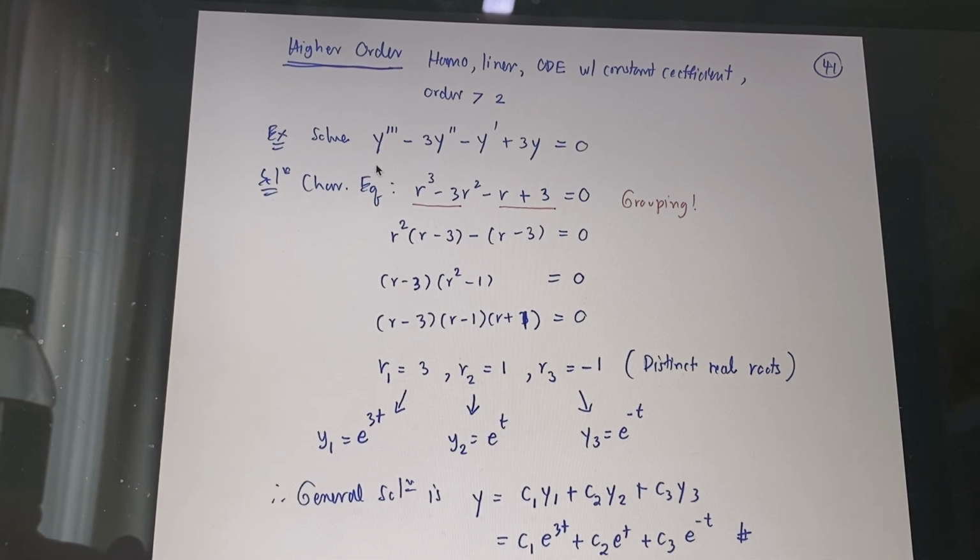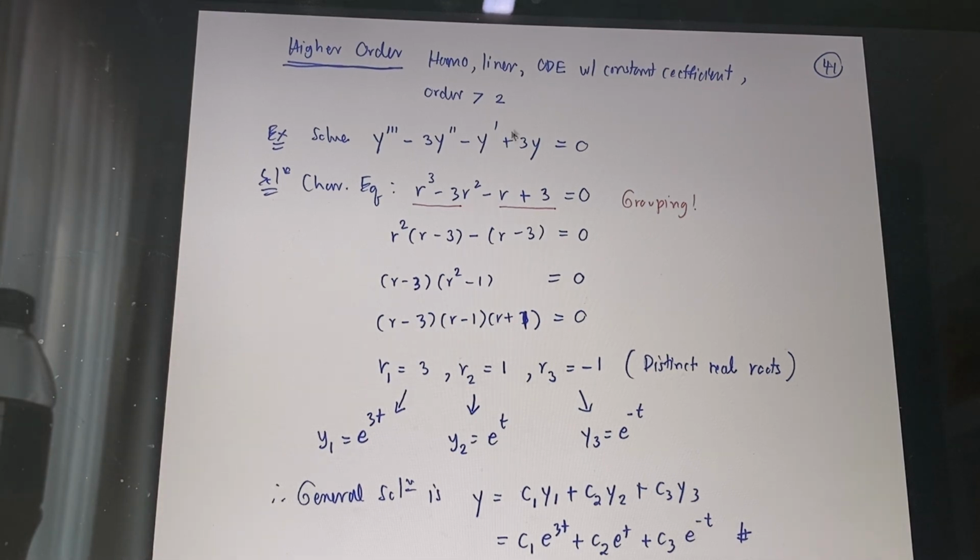Let's see the first example. We want to solve y triple prime minus 3y double prime minus y prime plus 3y is equal to 0. The question is, can we still find the characteristic equation? The answer will be yes, of course.